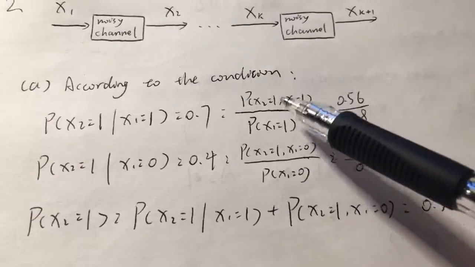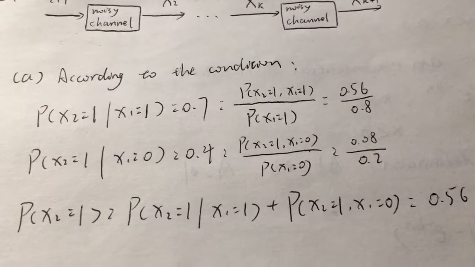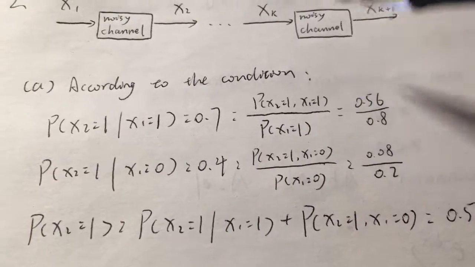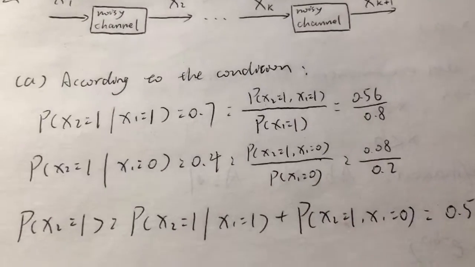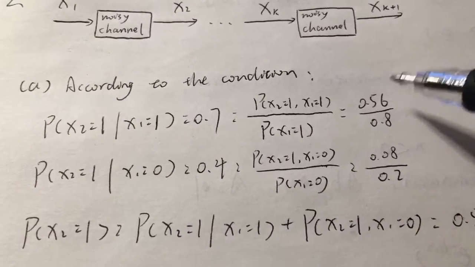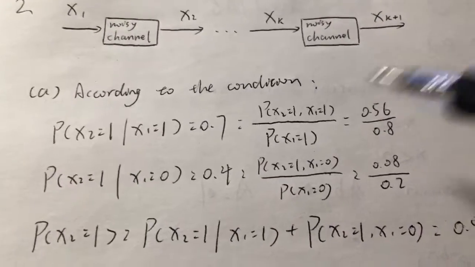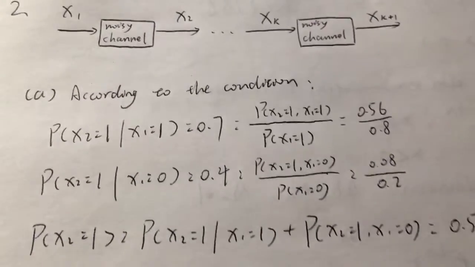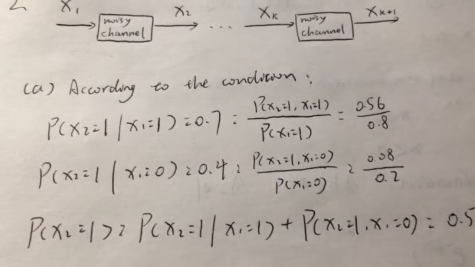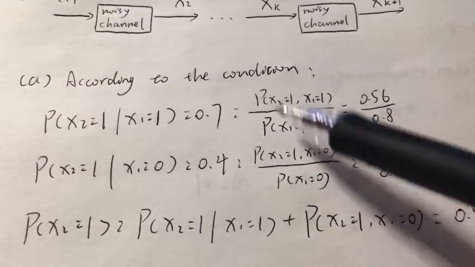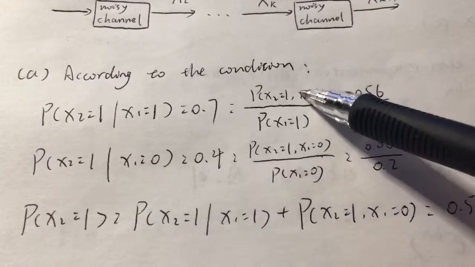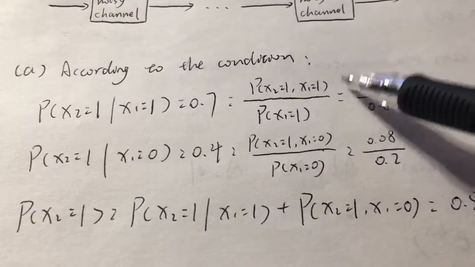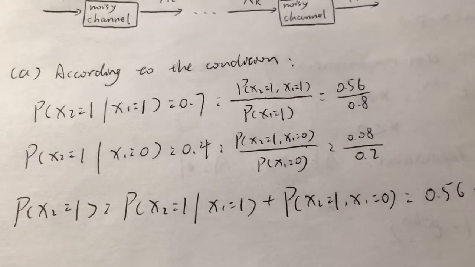The probability that x1 equals 1 and the probability that x1 equals 0 add together to equal 1, so these two cover the whole condition.